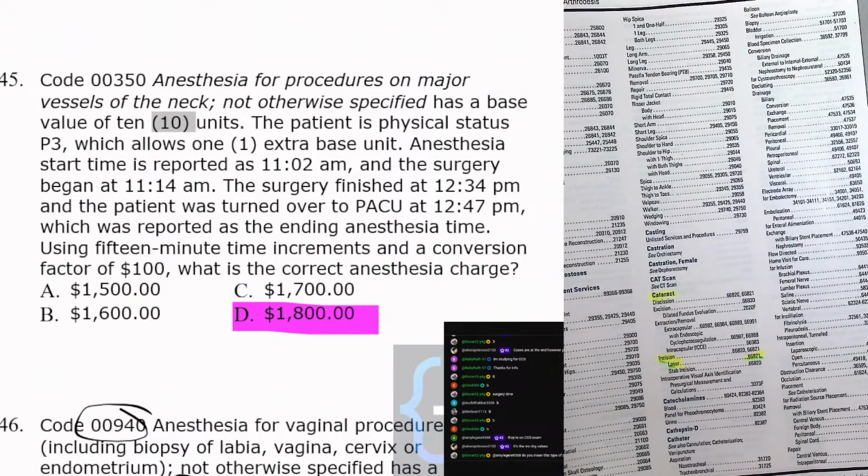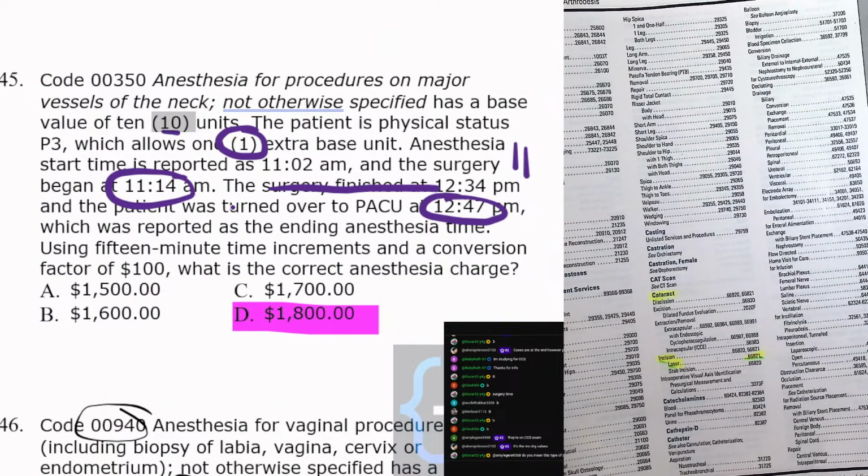So 10, right, for our 45, we'd have 10 units plus your P1 or your physical status for your P3, right, plus your base of 10 equals 11 units, right? And then we got to do our time. We don't care about surgery time. We do care about when they were turned over and then when the surgery started.